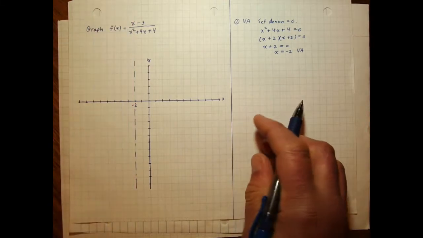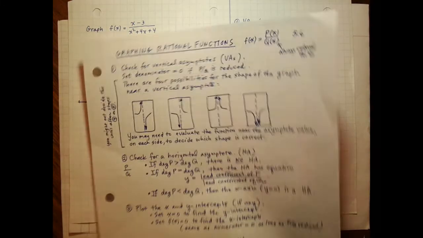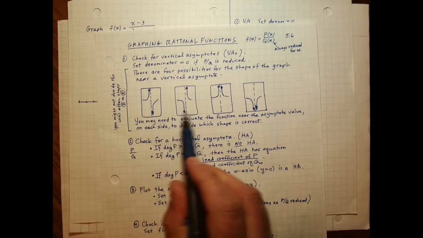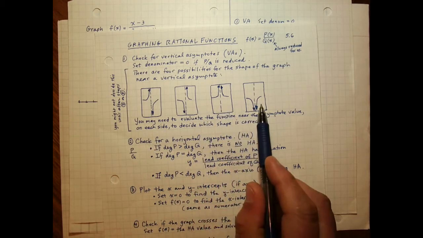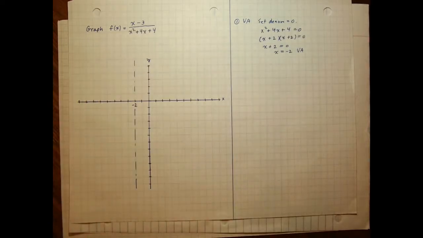And then we're going to have to figure out which one of the 4 behaviors our function has. It's either going to have this shape, this shape, this shape, or this shape next to that vertical asymptote. We don't need to figure it out right away. Let's get some more information on there and some points plotted.